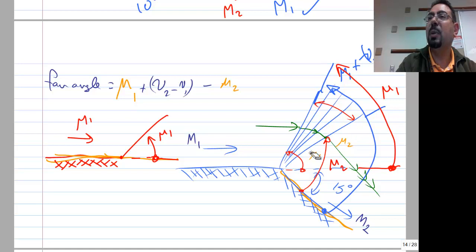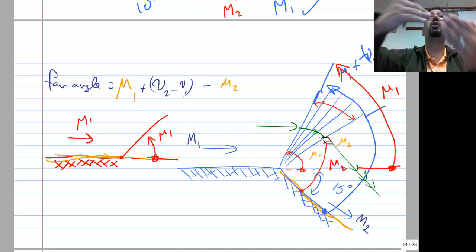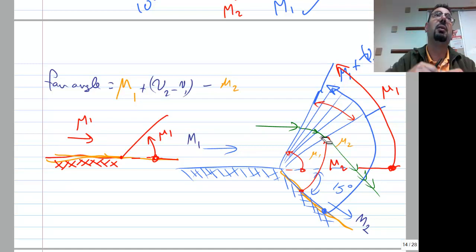But because this is an expansion fan, because this is isentropic, the last Mach wave is almost like M2. There's a very, very small change before the last one. So the Mach number before the last ray is almost like the Mach number after it. It doesn't change that much. So mu1 is measured from the horizontal. Correct. Mu2 is measured from the new wall.